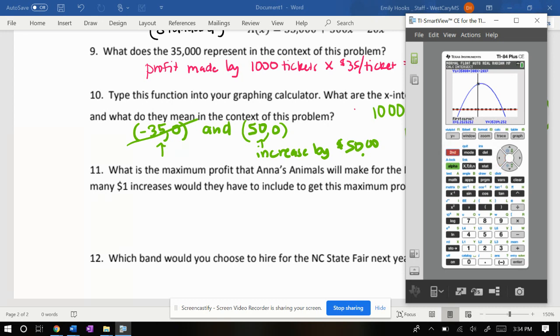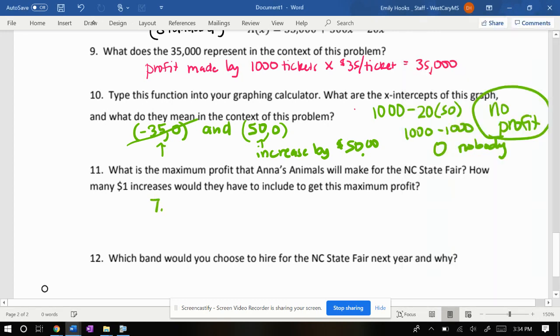Second trace. Number 4. I think I chose intersection. So left bound and right bound and enter. All right, so there is my increase. It looks like it is $7.50, and that's going to give us 36,125. All right, so 7.50 and 36,125.